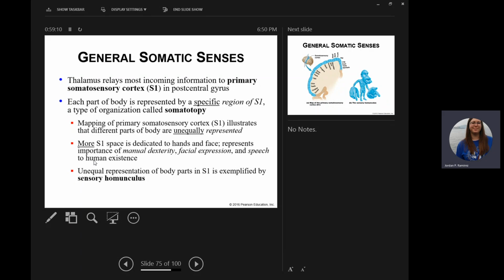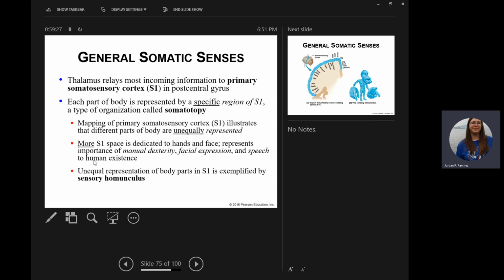Mapping of the primary somatosensory cortex illustrates that different parts of the body are not equally represented. More S1 space is dedicated to, for example, the hands and the face, which represents the importance of manual dexterity, facial expression, and speech to our existence.